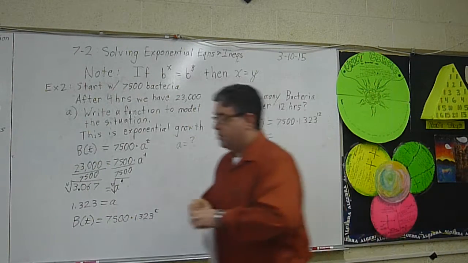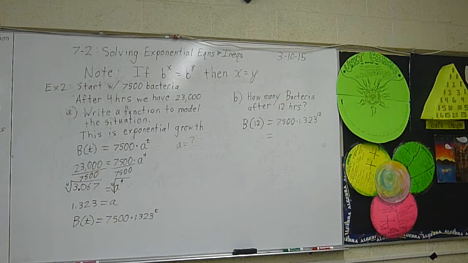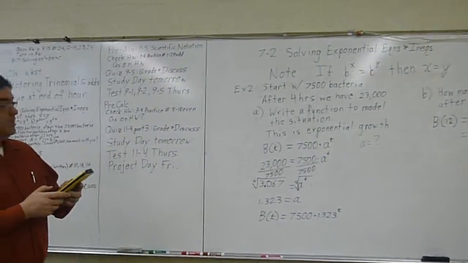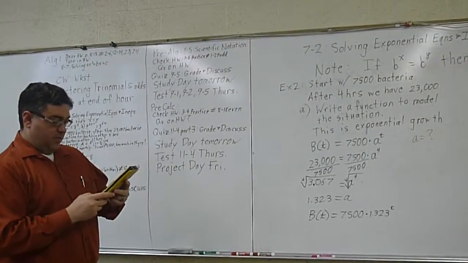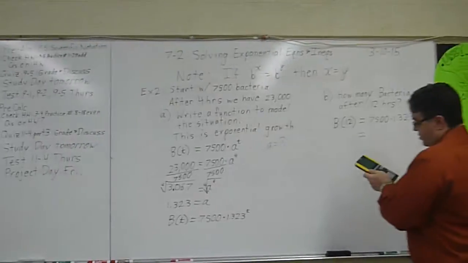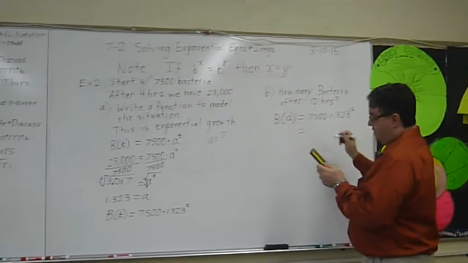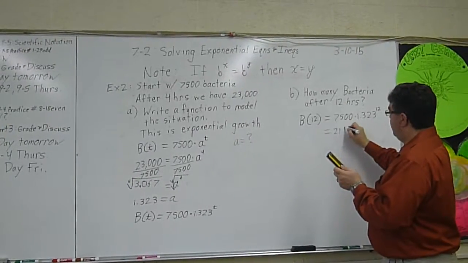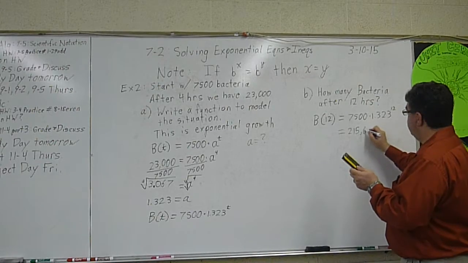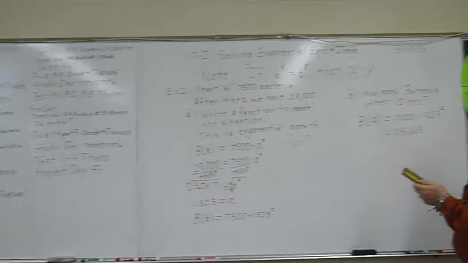Put that in your calculator: 7,500 times 1.323 raised to the 12th power, which, rounded to the nearest whole number, gives you 215,665.